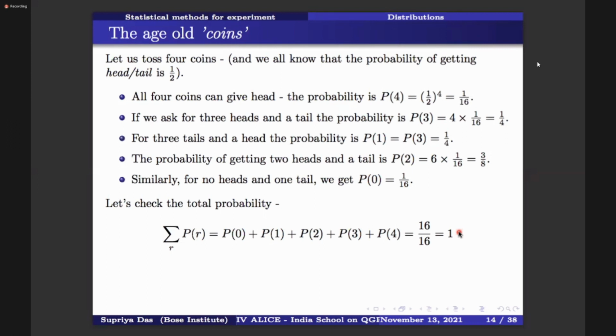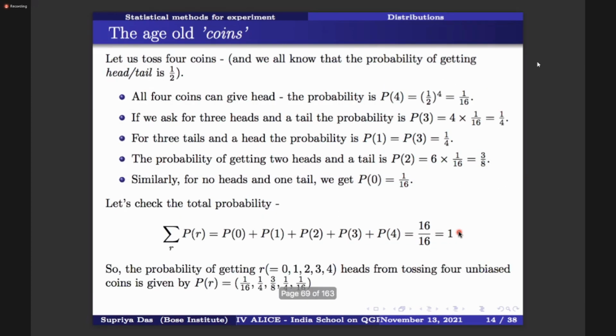And that's what we all know, that the total probability of anything has to be 1, right? Because for a coin also, the probability of getting head is half, the probability of getting tail is half, so the total probability is 1. Here also, it is the same thing. So we did not do anything wrong. So the probability of getting R heads from tossing 4 unbiased coins is given by PR.